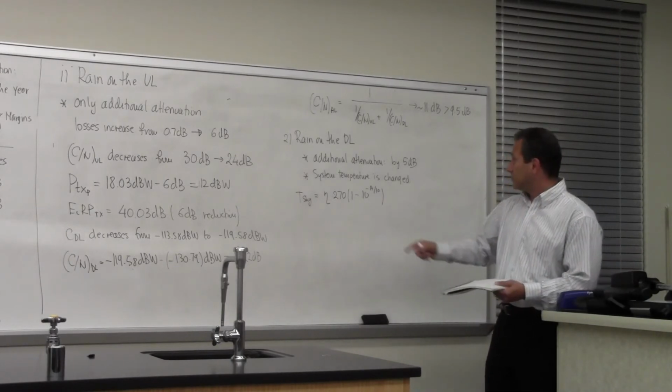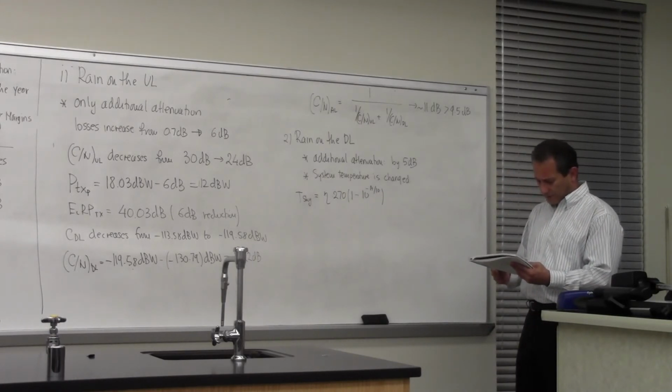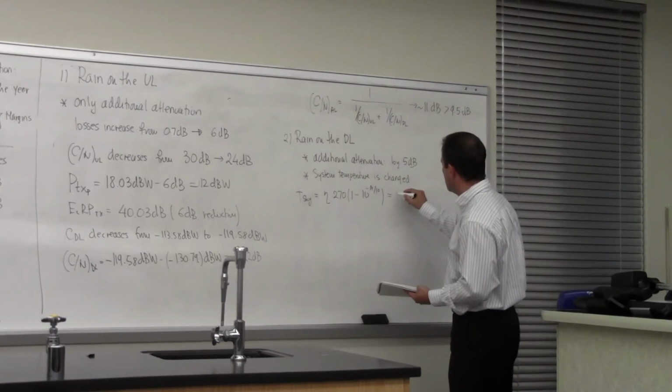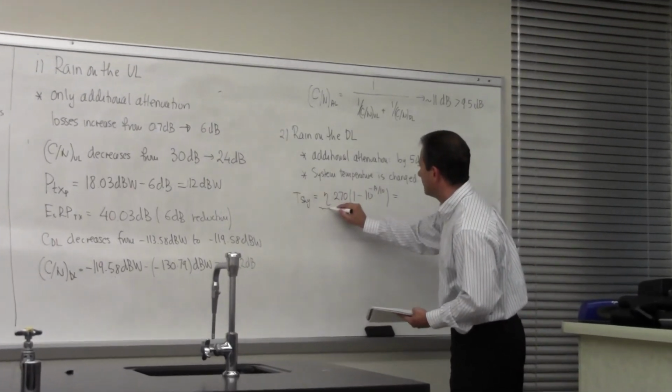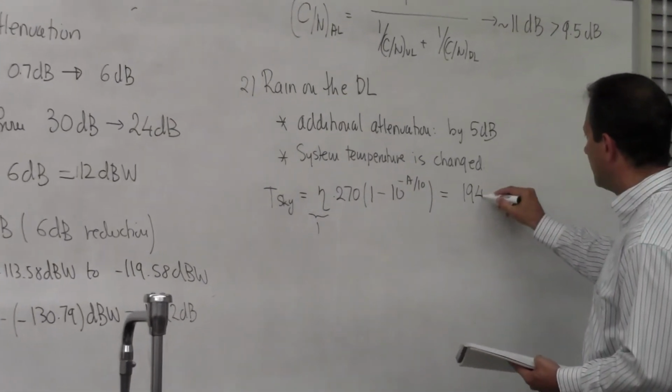So let me just continue this way, and then we can correct next time. So what this ends up being, assuming this is close to 1, is 194K.